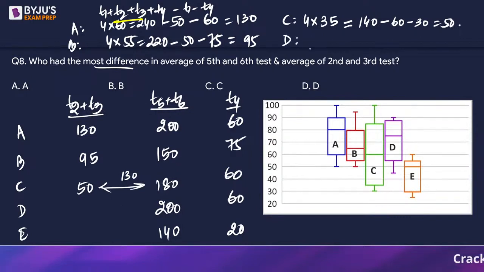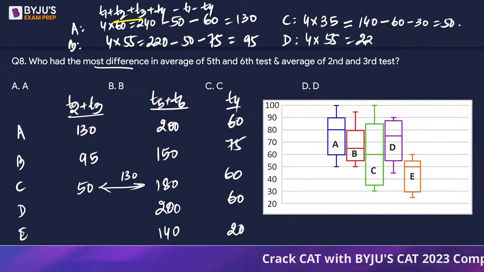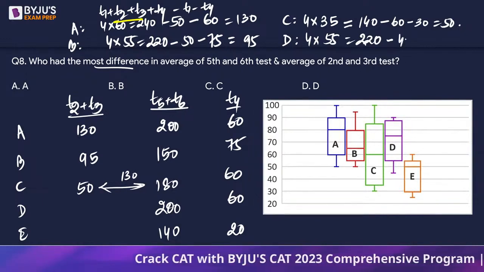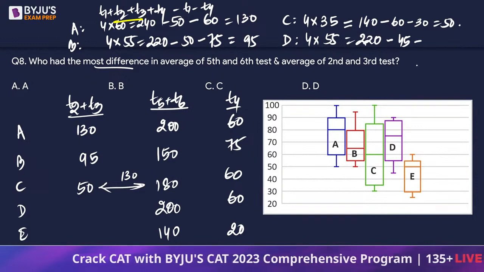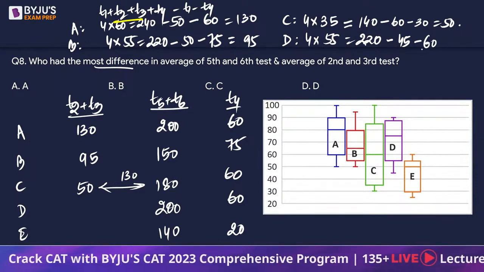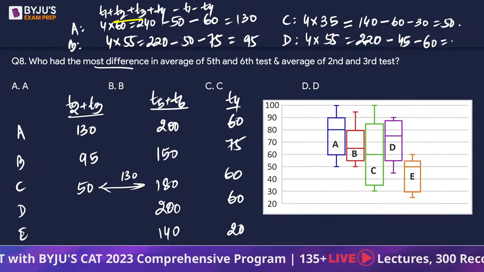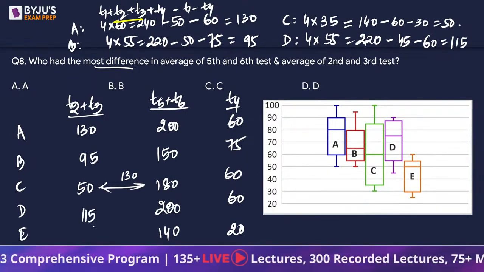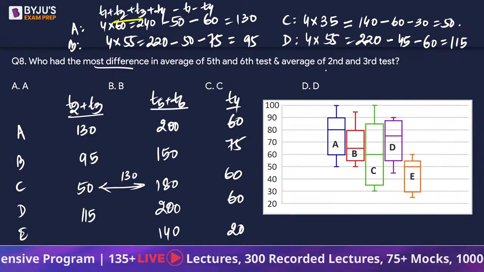Let's look at D now. D is going to be 4 into the bottom number, which is 55, which is 220. From 220, we will subtract T1. T1 is 45, the bottommost. And then we will subtract T4, which is 60. So 105 is to be subtracted, which leaves us with 115. So this is 115, T2 plus T3.